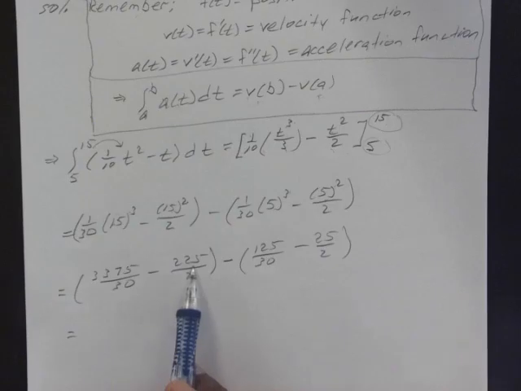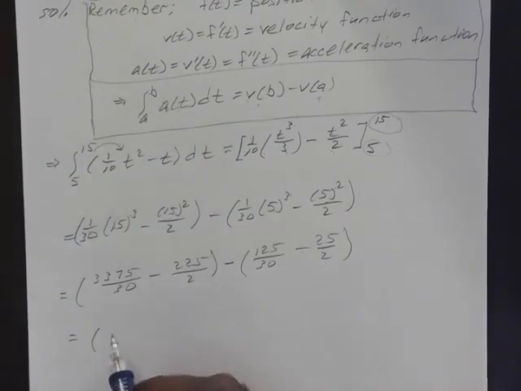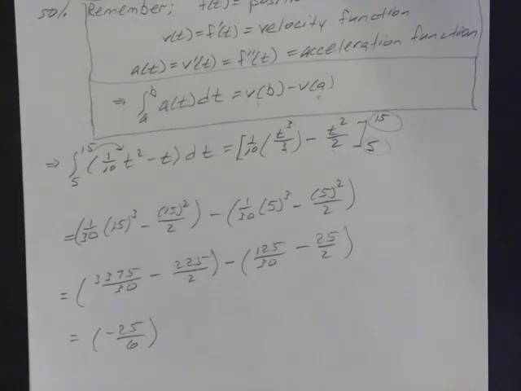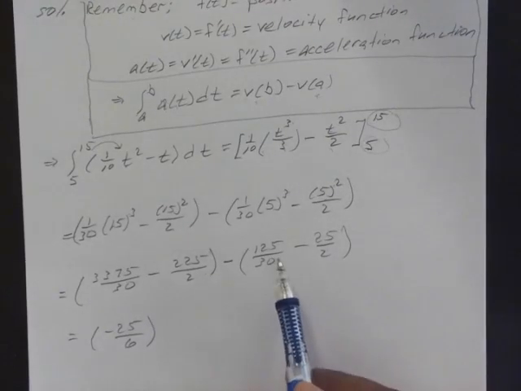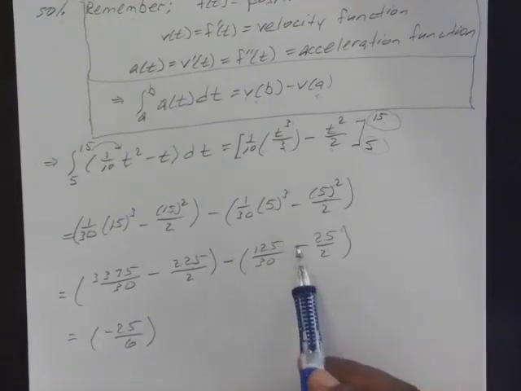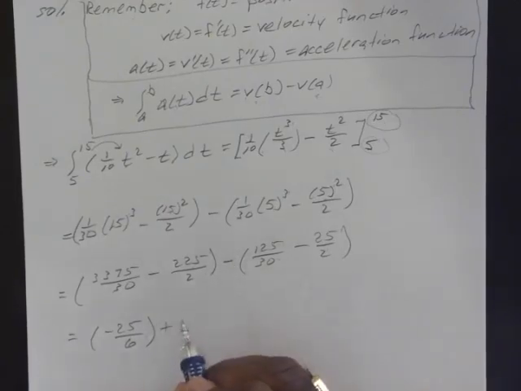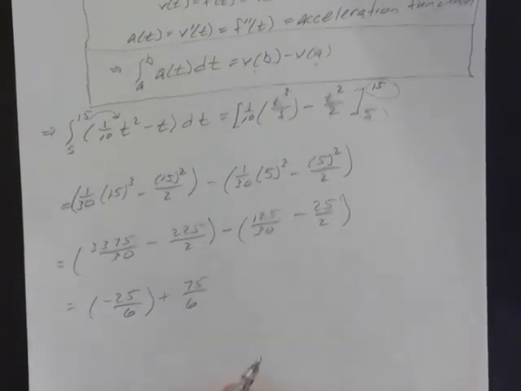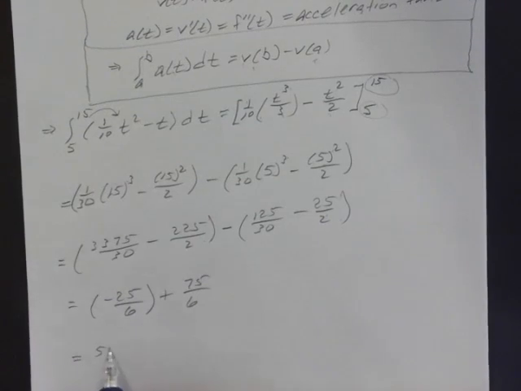Okay, so if we multiply this one by 15 over 15, then simplify, we'd end up with negative 25 over 6. And if we multiply this one by 15 over 15 and simplify, we'd end up with negative 75 over 6. But if we distribute that, it becomes plus 75 over 6. Which gives us positive 50 over 6.